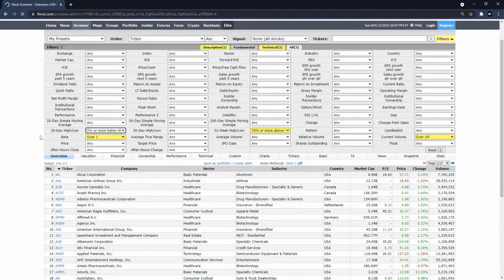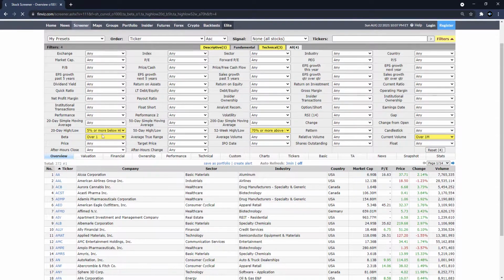Why do we want that? Mainly because we want to catch the stock as it is in a great bullish pattern. Why 5% or more below the 20-day high? Because we want to catch the move when it is about to break through the structure of that 20-day high. Overall, it is in a bullish trend.